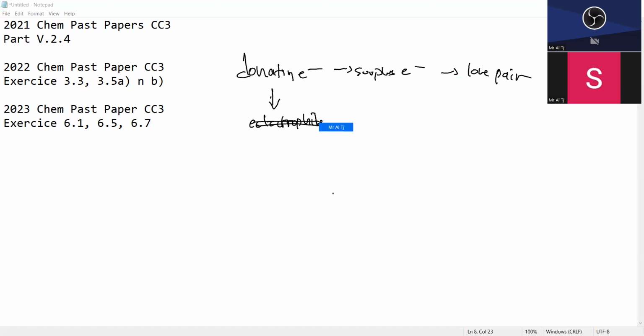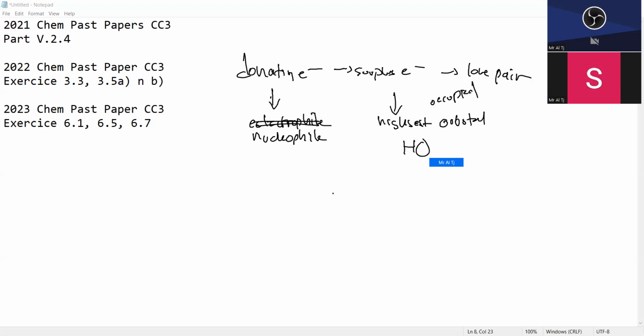Donating electrons, you are the nucleophile, because you have electrons you want to give to the nucleus. The nucleophile has the surplus electrons, because it is on the top one of your molecular orbitals. It's going to be the highest occupied orbital, so HO. Nucleophile is the HO.